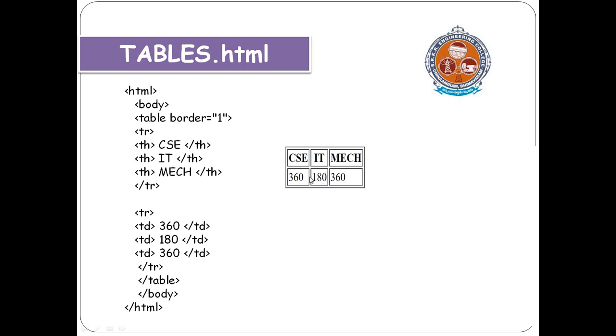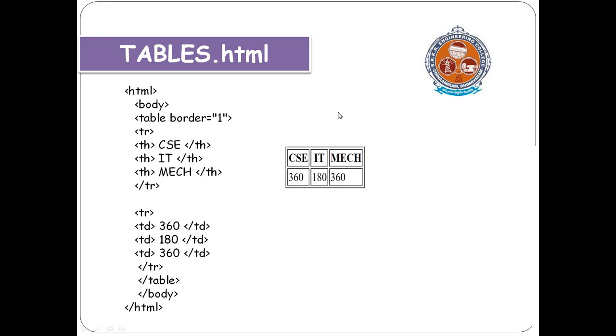In the second row, second column, the table data 180 is inserted. In the third column of the second row, 360 is inserted. After completion of this row, the row is closed. Then once you execute it, the output will be displayed like this.